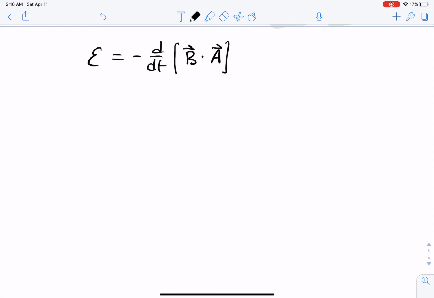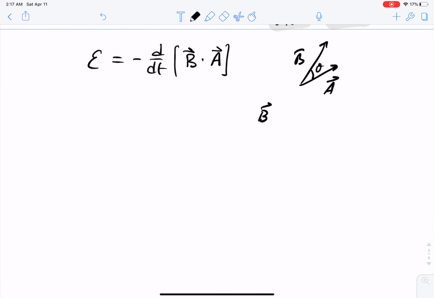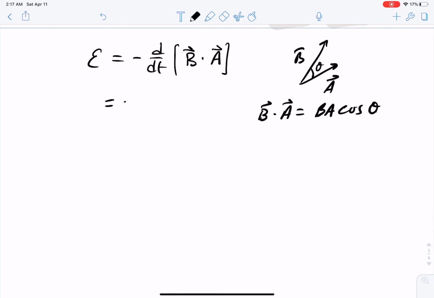What changes is the angle between them. So in general, if you have two vectors, A and B, and they have an angle between them, B dot A is just B times A times the cosine of the angle. So we could do it like this.